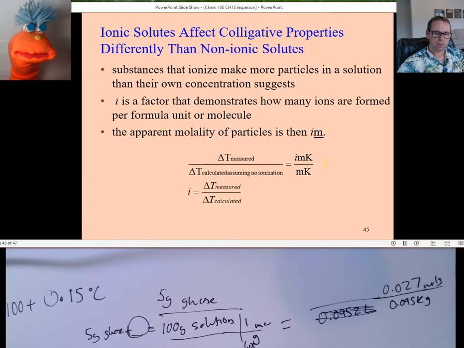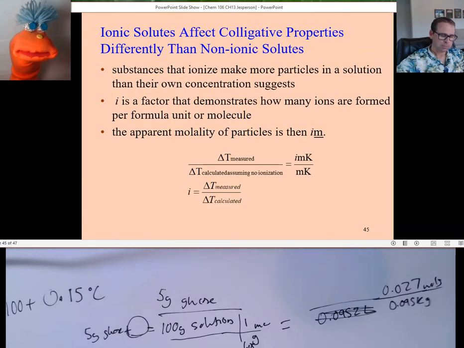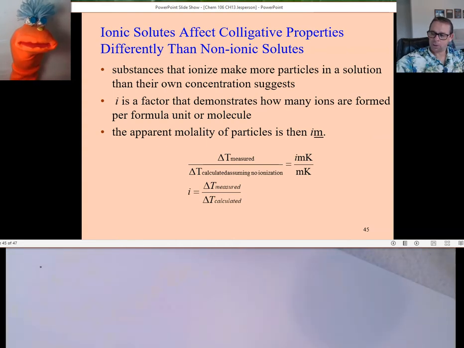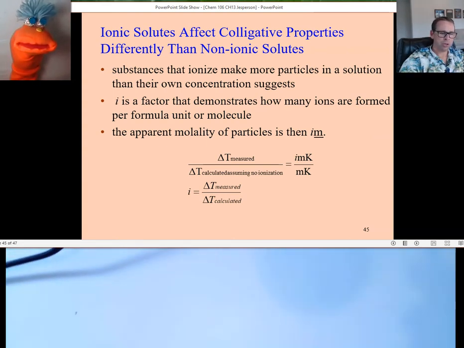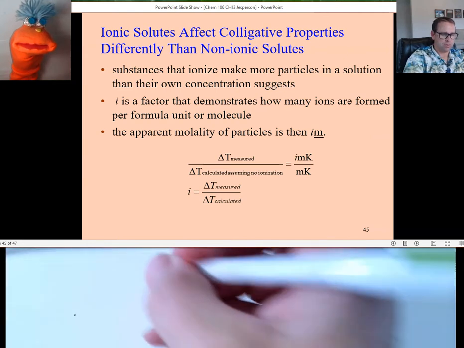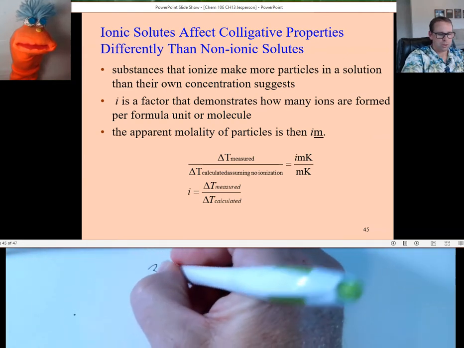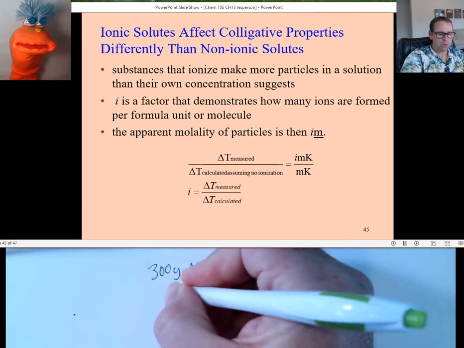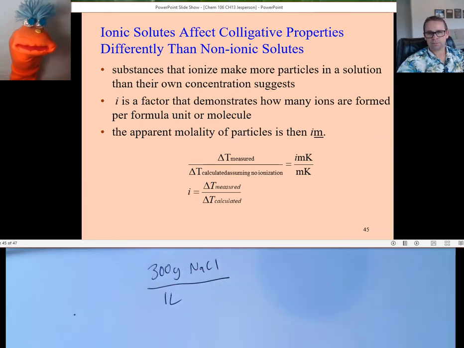So we said, for example, if I have a solution which has 300 grams of sodium chloride for every 1 liter of solution, if I calculate the molality of this and I know my constant, I can identify the change in temperature, whether it's change in the boiling point or change in the freezing point. Remember that? Yeah, we just did that.